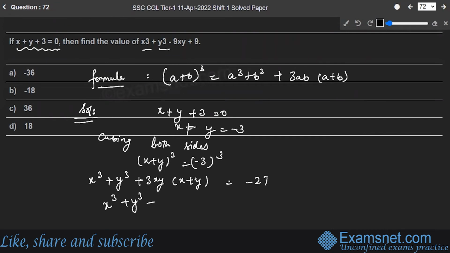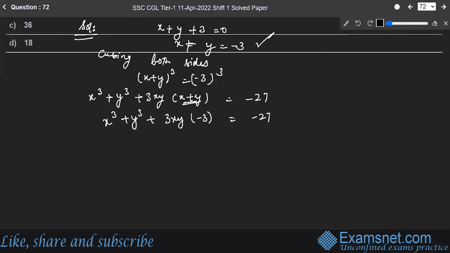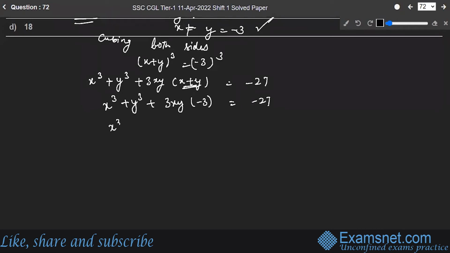Since x plus y is equal to minus 3, I will be filling the value. So minus 3 times 3 is minus 9, and this will be x cube plus y cube minus 9xy is equal to minus 27.